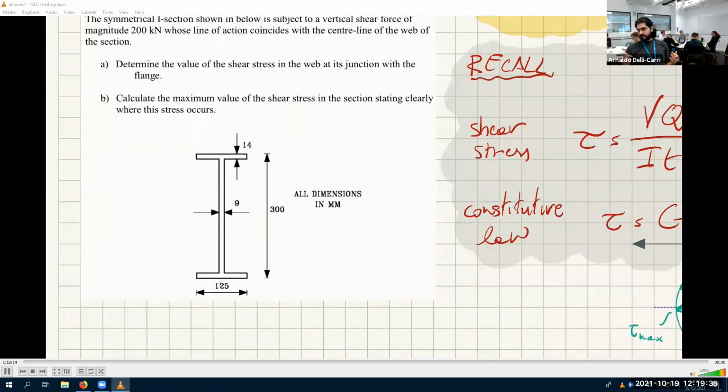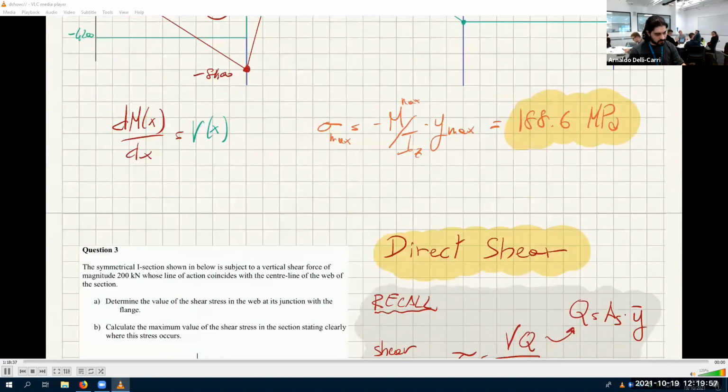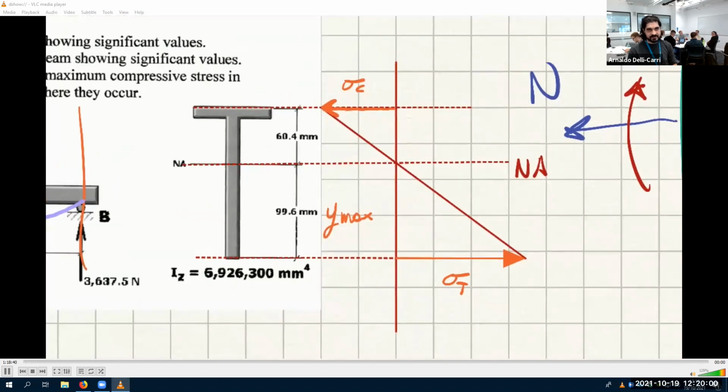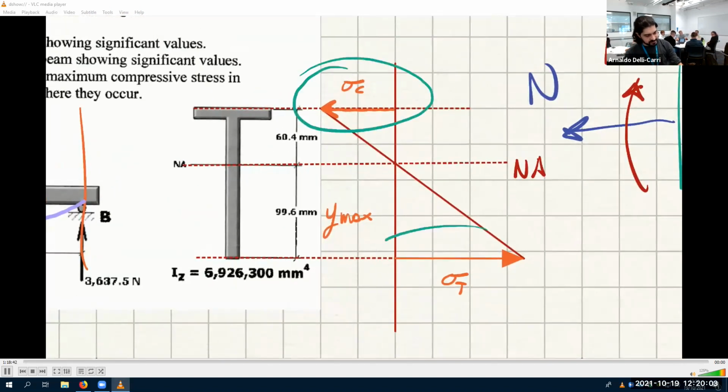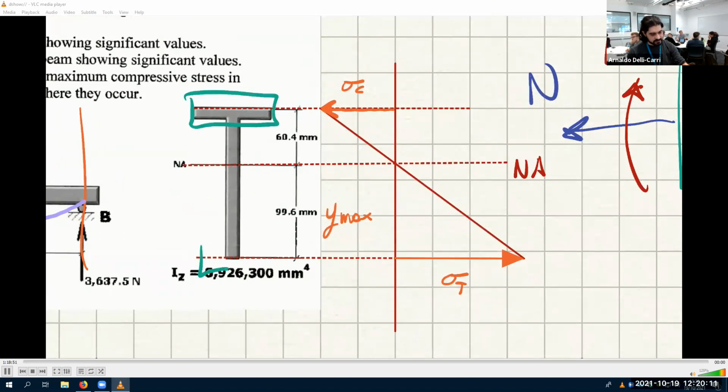Do you know what is the difference between flange and web? For cross sections, everything that is horizontal is called a flange, and everything that is vertical is called a web. Why do we need these things? I mean, why don't we have just a rectangular area? Because look at the distribution of normal stress in bending. In bending, the stress is concentrated far away. Do you agree? So ideally, I only need the material far away from the centroid.